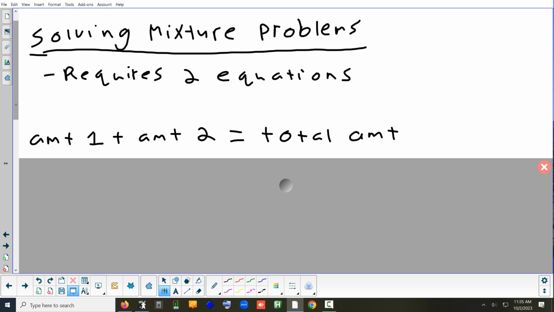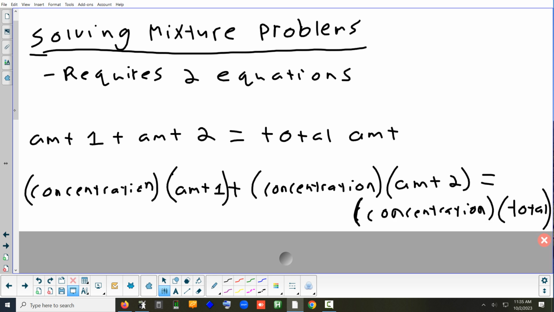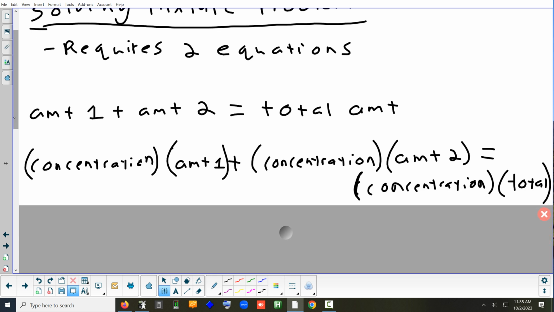But what's going to narrow down the answer is they're going to tell you the concentration they want. That's the strength of the solution. In that equation, it's really the same thing repeated 3 times: the concentration of the first solution times how much you use of that solution, plus the concentration of the second solution times how much you use of that solution. Concentration will usually be given to you as a percent, like 10% strength, 12%.